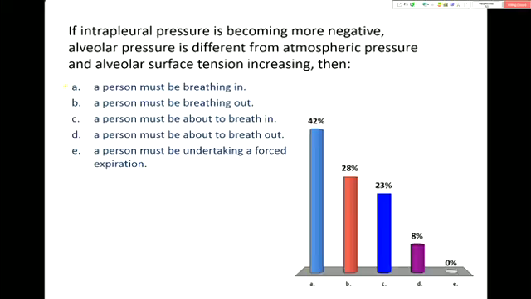If we then look at surface tension, which is probably the second easiest thing to work out, surface tension is increasing. So when might surface tension increase? And again, I did this primarily online. When the alveoli are getting bigger, because the water molecules are being stretched apart.